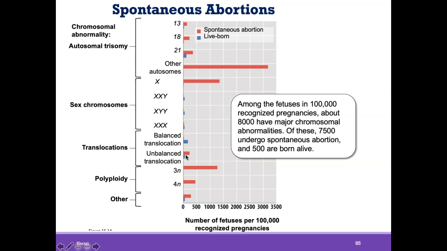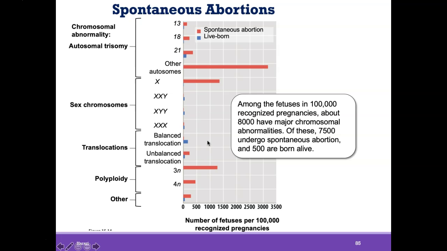You can see from looking at this that trisomy 21 is one of the few instances where you can have a live-born individual with a trisomy. Most of the time, if you have a trisomy of any chromosome, you see a huge portion of spontaneous abortions. So it's a very rare chance. Only individuals with trisomies of 13, 18, or 21 have a chance of even surviving.